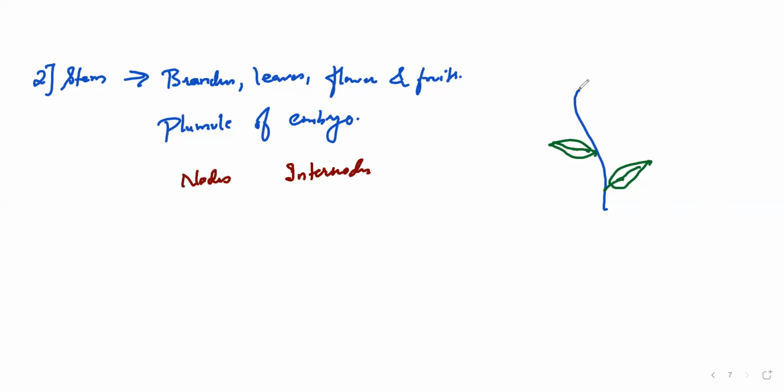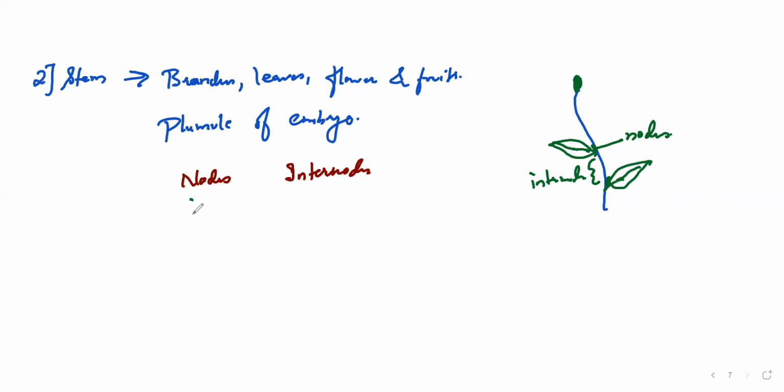Now over here, if you consider this, I'll just draw a small part here. So a small part you will find like this, and this is called the node. Whereas the region present between two nodes is called the internode.